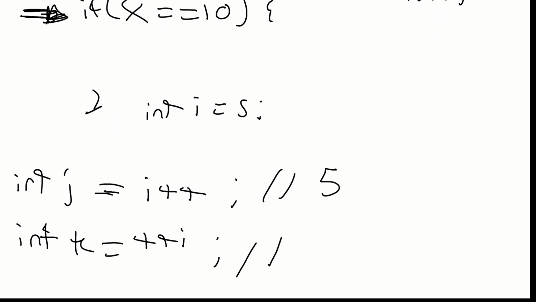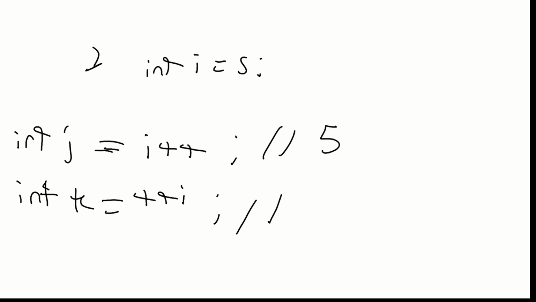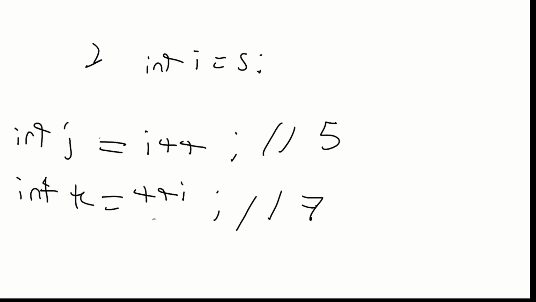I expect j to have 5, okay? And then in the line beneath it, I expect k to have 7, right? Because j gets the old value of i before the increment happens. Whereas with k, you first increment i, which already has 6 from the previous line, which becomes 7, and then you pass it. So k is going to have 7 in this case, and j is going to have 5.